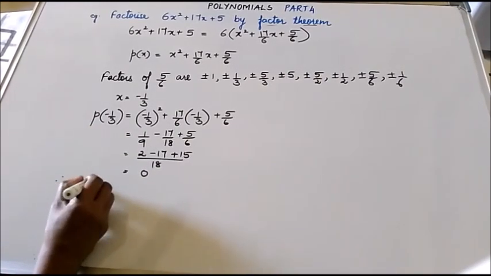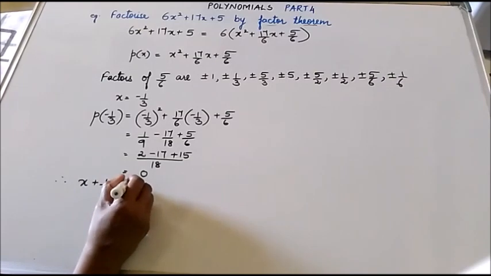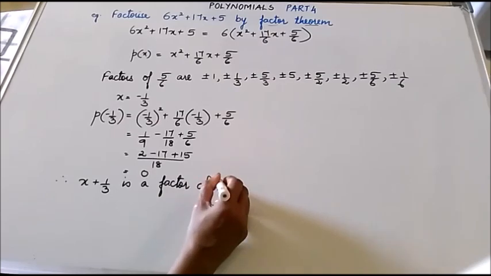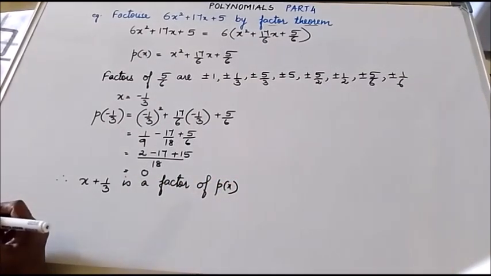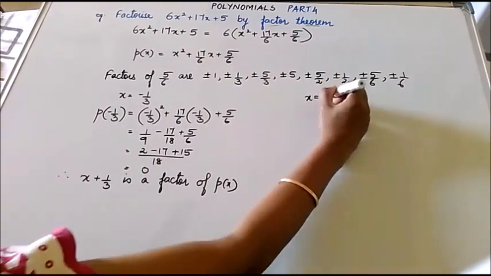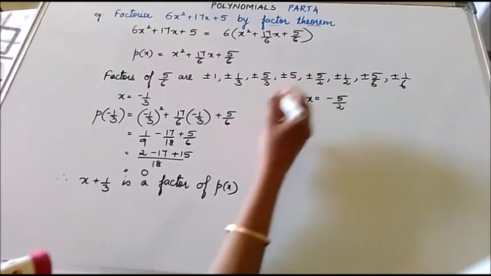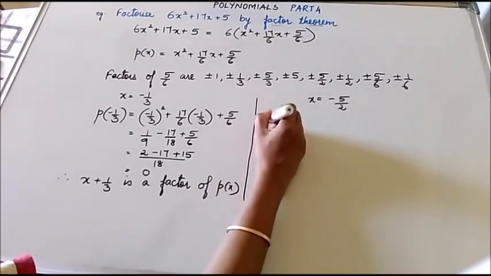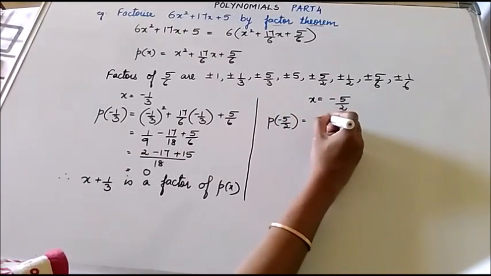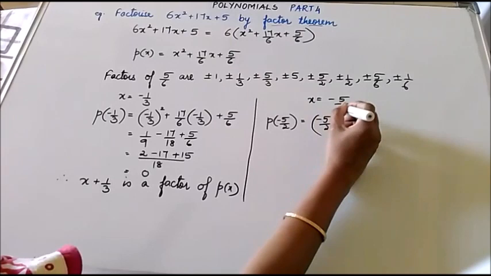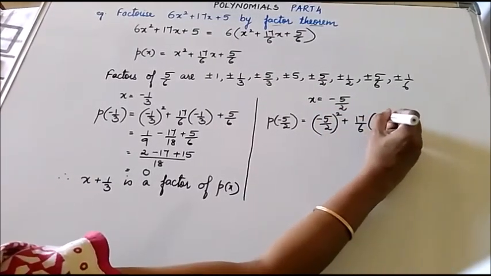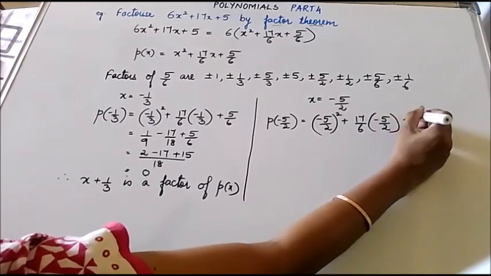Therefore, x plus 1 by 3 is a factor of p of x. Now let us take one more factor. Now here in this case I take x equal to minus 5 by 2. What you get here? P of minus 5 by 2 is equal to minus 5 by 2 the whole square plus 17 by 6 into minus 5 by 2 plus 5 by 6.